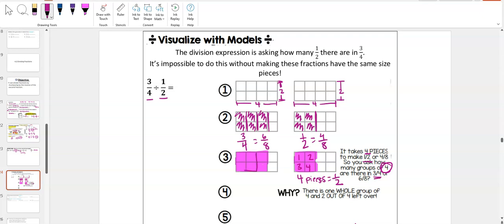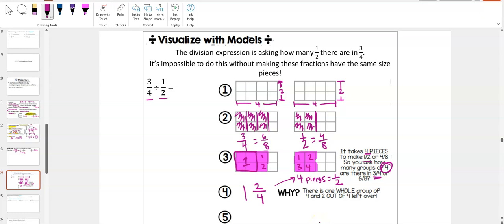So here is one group of 4, and that makes one whole group of 4. And then I have 2 little pieces left over. Okay? So we're going to write that as one whole group with 2 pieces out of the 4 that we need to make a half, right?